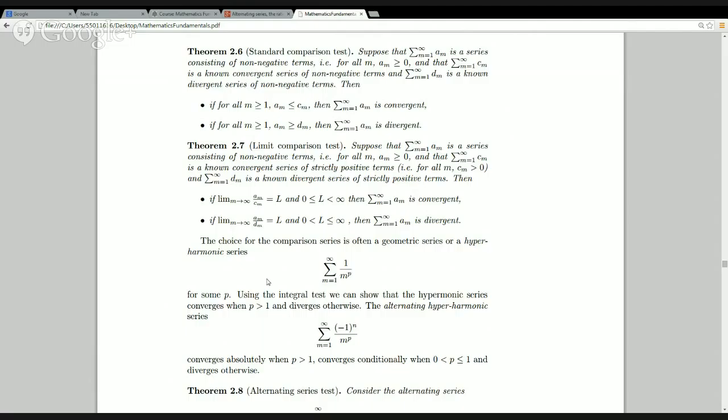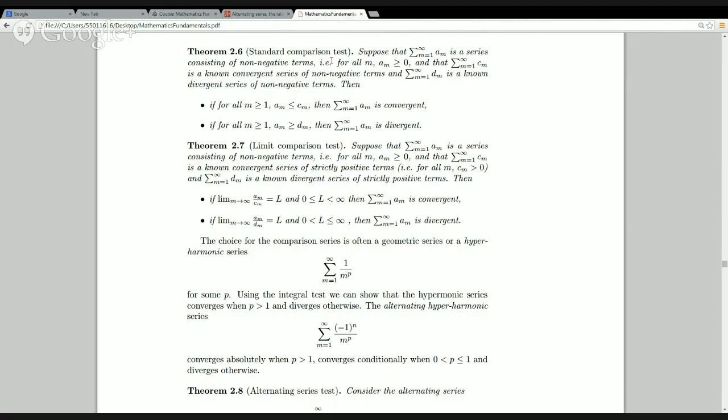It converges when p is strictly bigger than 1 and diverges when p is less than or equal to 1. The borderline case is p equals 1, the harmonic series, which only just diverges, in a sense. It's the borderline between convergence and divergence in this hyperharmonic family.